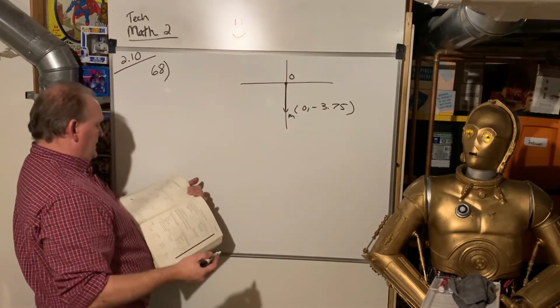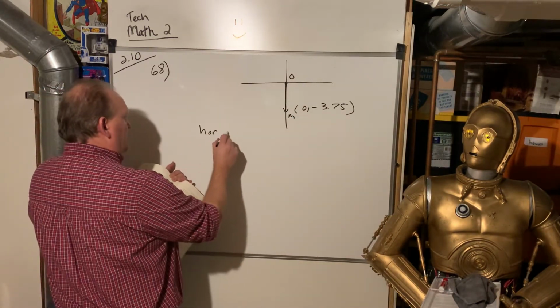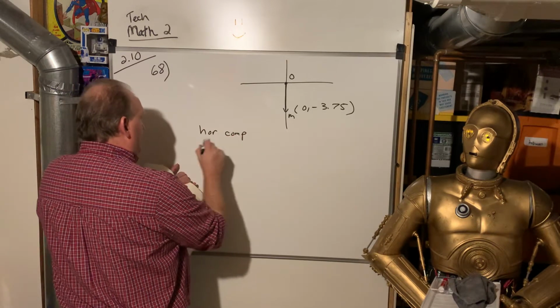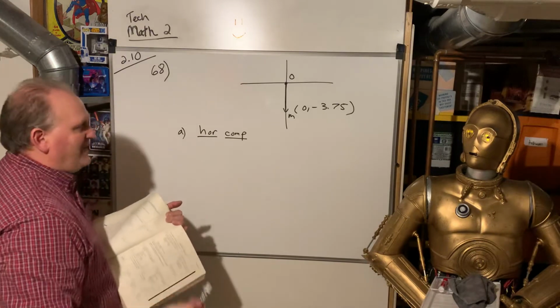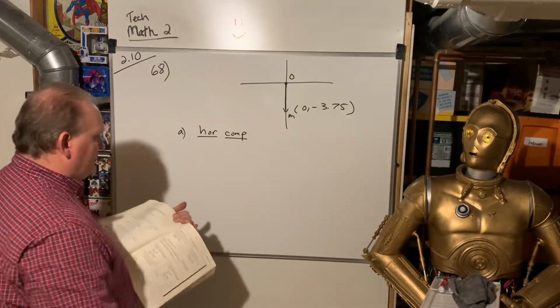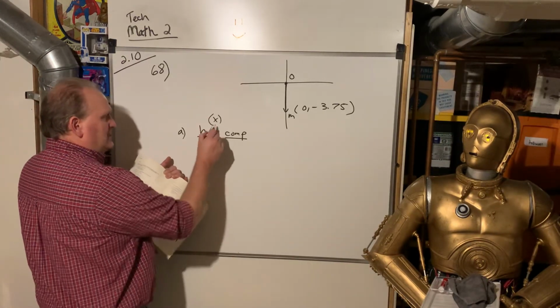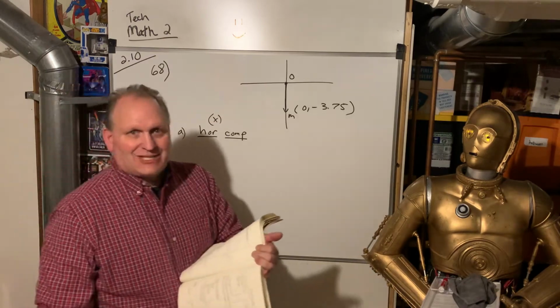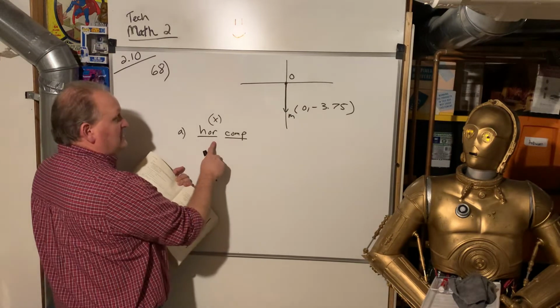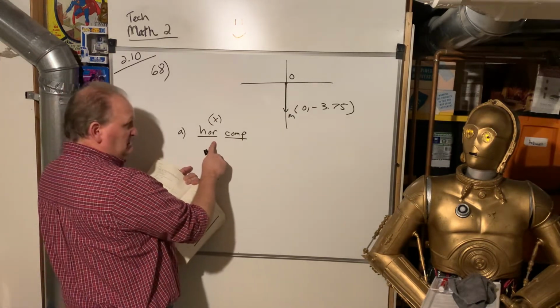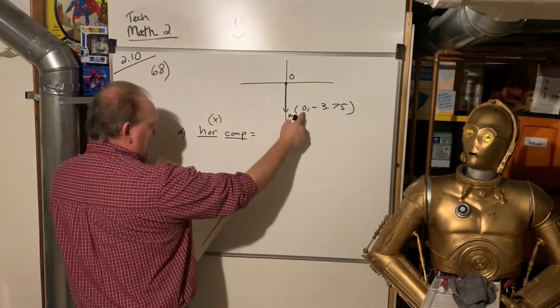So look, they said, what's the horizontal component? Now, when they ask for the horizontal component, that's just a fancy way of asking for x. Horizontal component is the x coordinate. So instead of saying the horizontal component, they could just say, what's x?